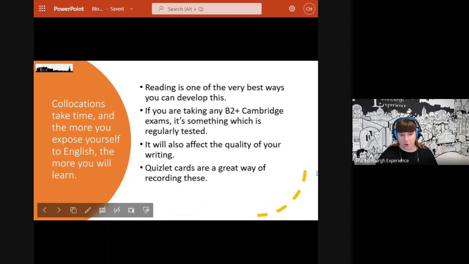Quizlet cards are a great way of recording these collocations. So when you find interesting collocations, make a note of them in your Quizlet set and keep testing yourself on them. And a good way to approach that would be, for example, collocations that you would find in formal letters, okay? Or collocations that you will find in essays, or collocations that you would find if you were giving a presentation, yeah?